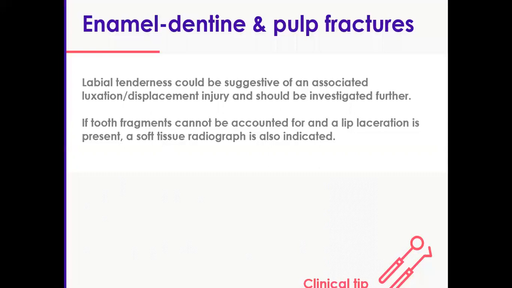We discussed this in the second clip that you can find under enamel fracture. So if you look at previous clips, the way to take the radiograph is discussed, including exposure and how to take the radiograph. So please watch that clip.